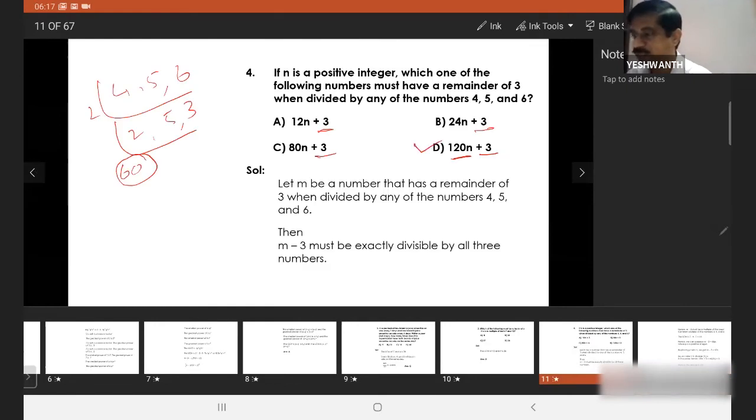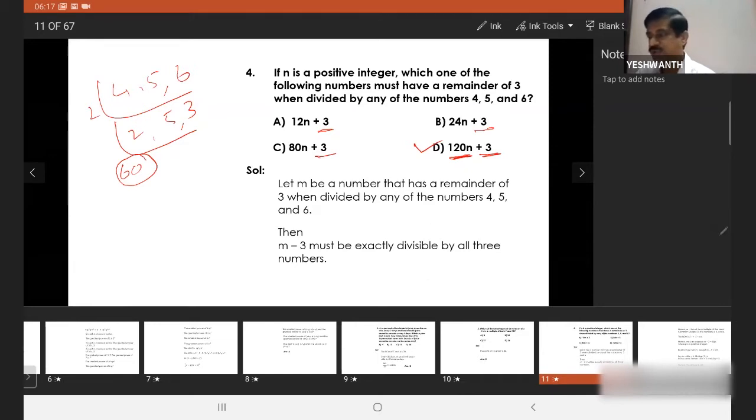Please note it fast. Here we have followed one method, but I'm not following this method. I'm following a different method. I'm taking LCM of 4, 5, 6. You got 60. So I'm looking at multiples of 60 as well as n. Only 120n is a multiple of 60. And the remainder is 3, that means plus 3 should be there. So option is D directly.